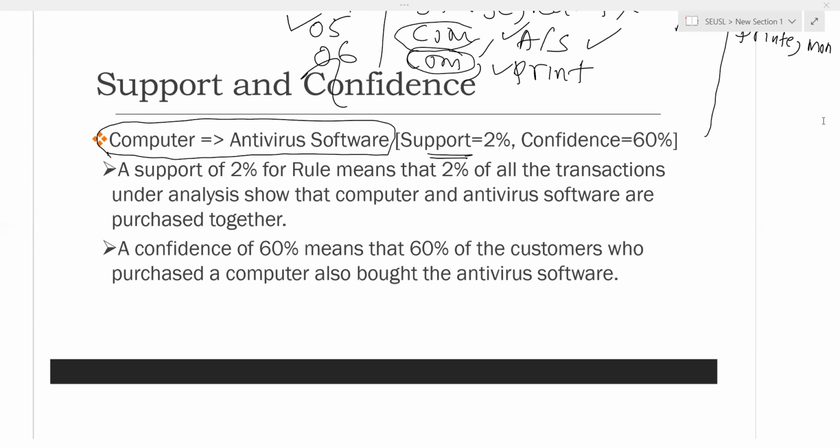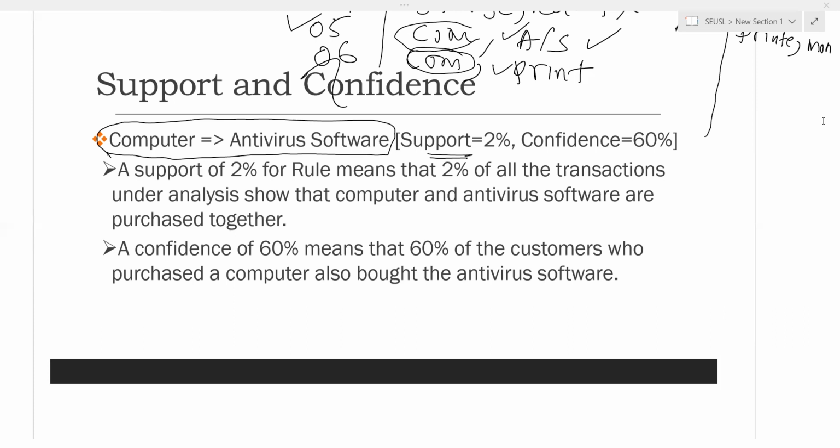That is considered as confidence. If it is support, we consider all the transactions. If we consider all the transactions and find these two items, computer and antivirus software, then it is considered as support. If it is confidence, we only consider the transactions purchasing the computer, and then we check among the people who are buying computers how many people buy antivirus software.